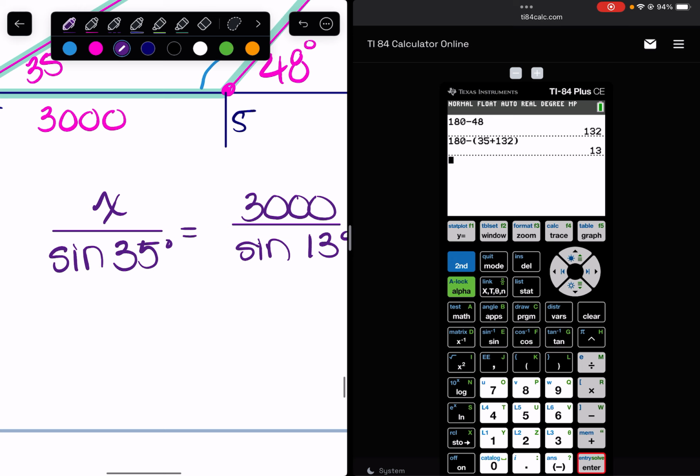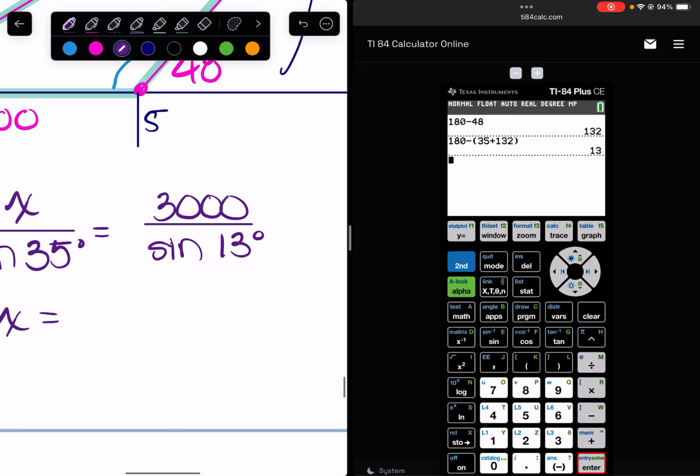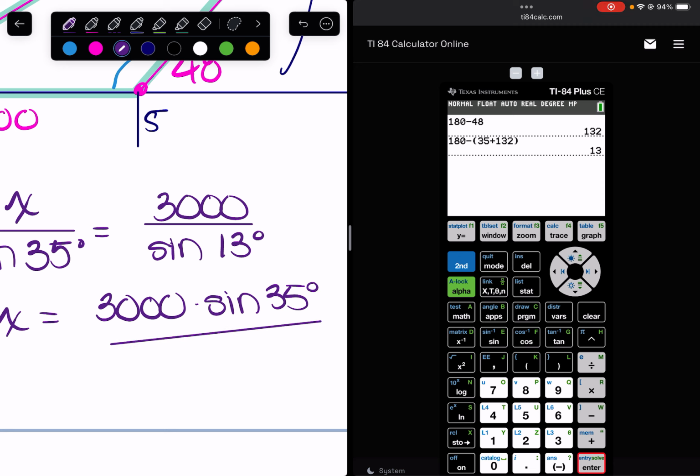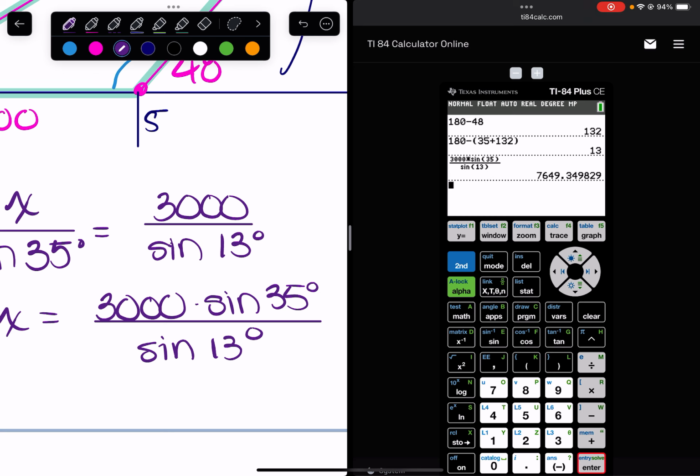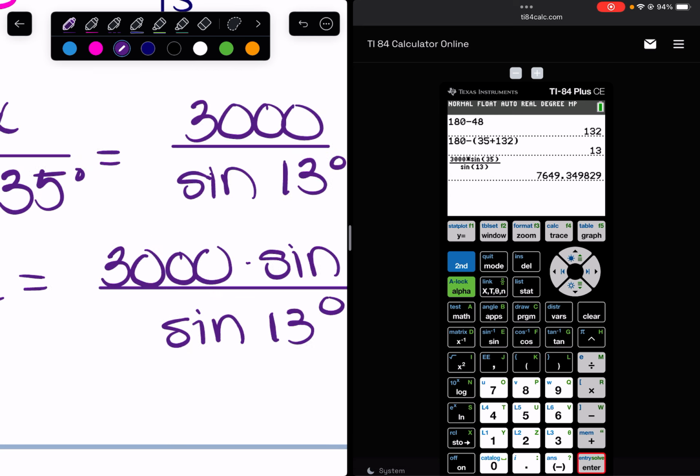So that means side x is going to be 3000 times sine 35 over sine 13. In our handy dandy calculator, Y equals, I want my fraction template, 3,000 times sine 35 over sine 13 tells us that x is a rather large number because we are dealing with a mountain.